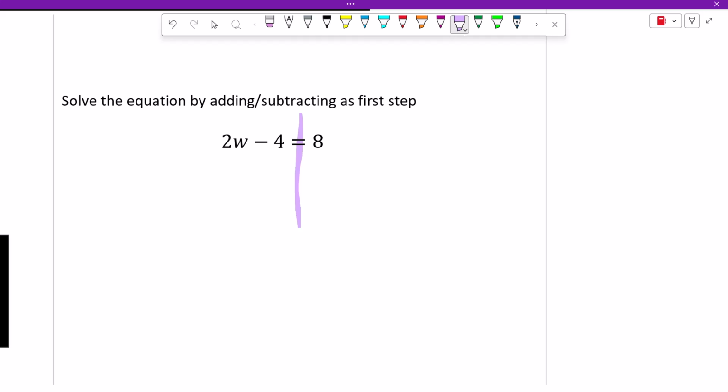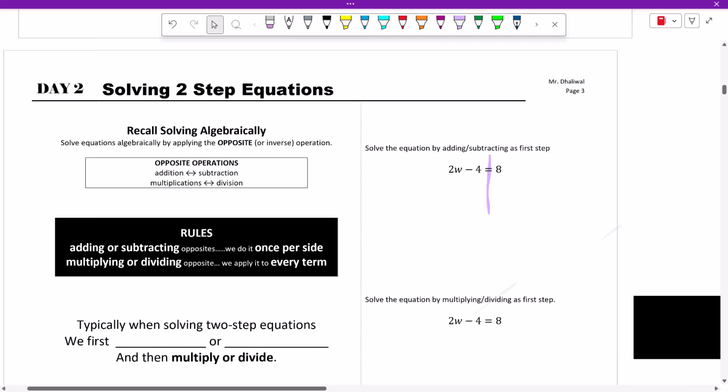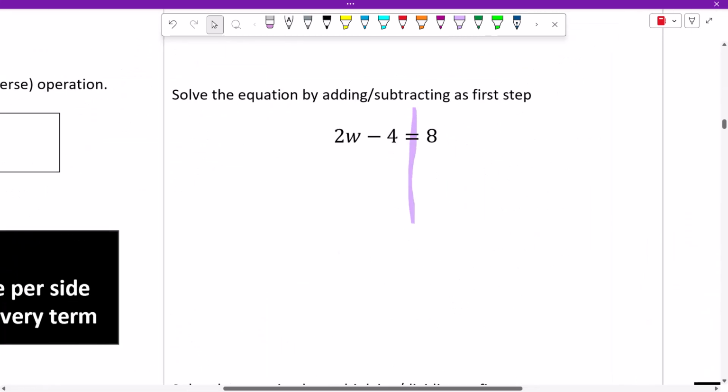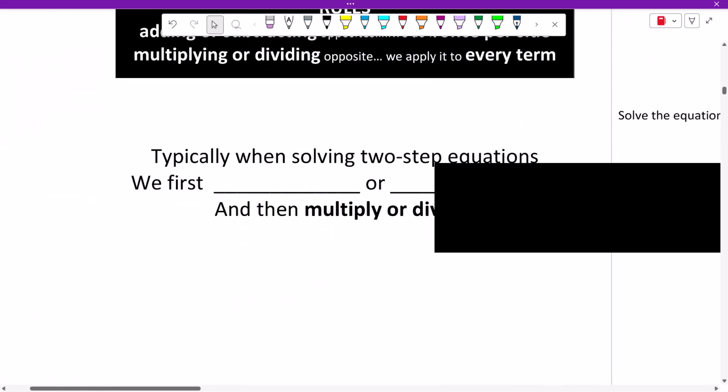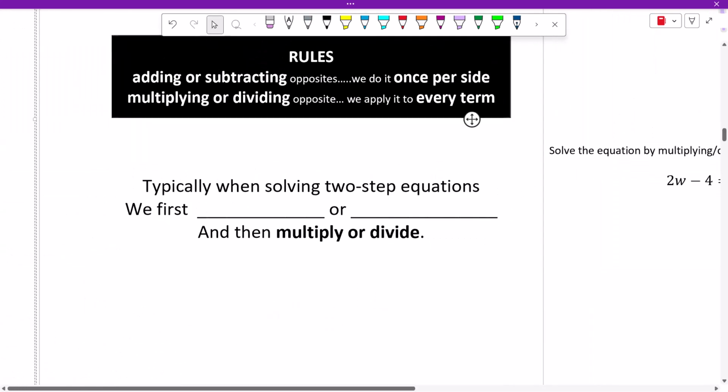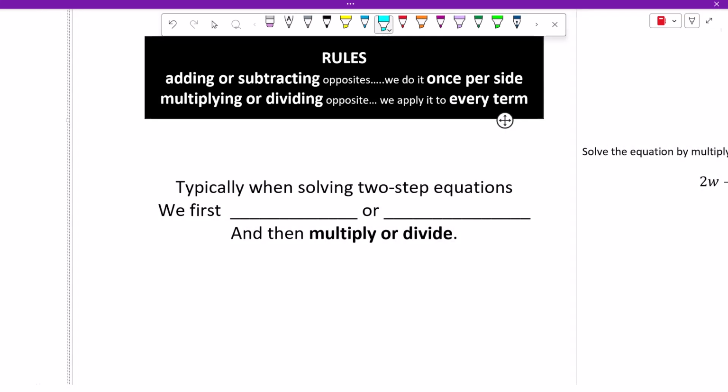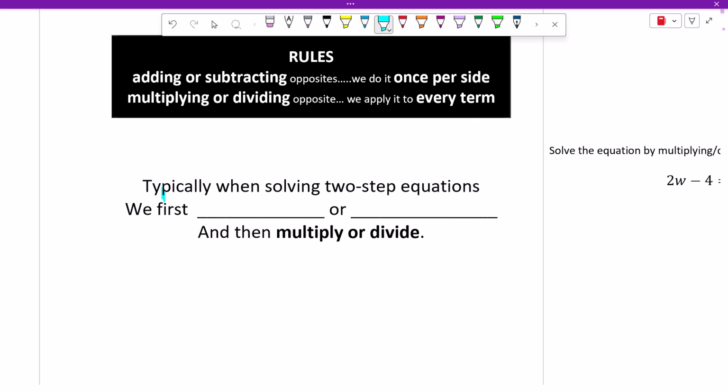But in grade 8, we taught you our order. That order says, if you have 2 numbers on the same side of the letter, chances are one of them is multiplying to the letter, and the other one is adding or subtracting to the letter, right? And in grade 8, we said typically we will get rid of the adding and subtracting one first.